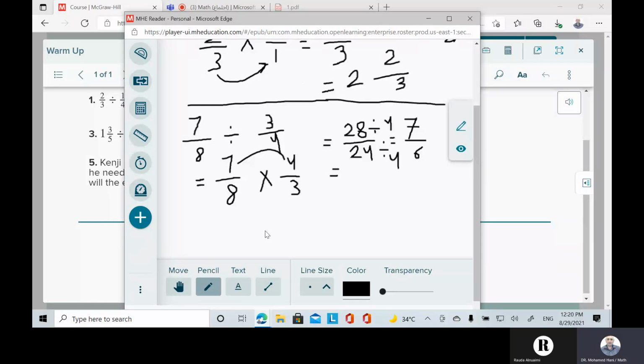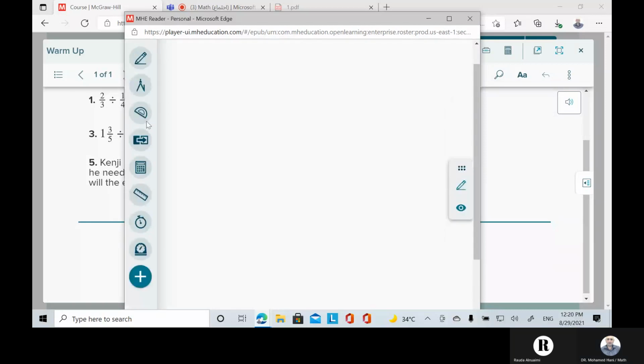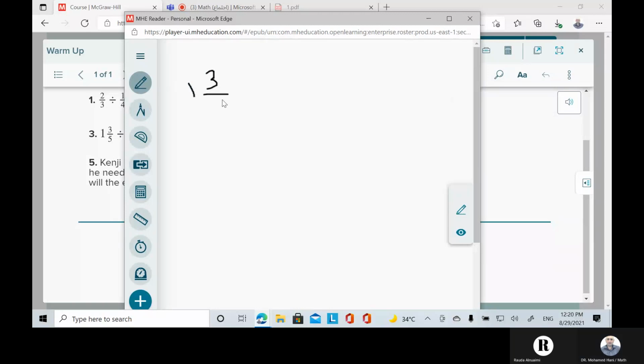Finish? Okay. The third exercise, we have 1 and 3/5 divided by 2.